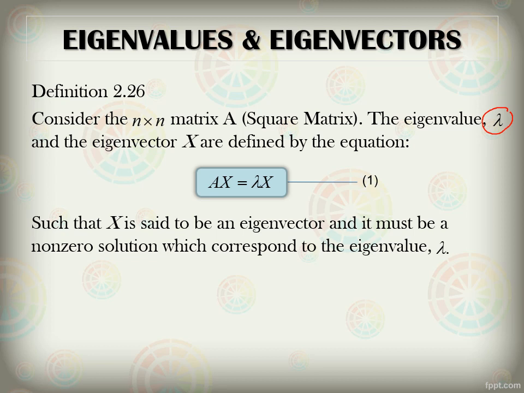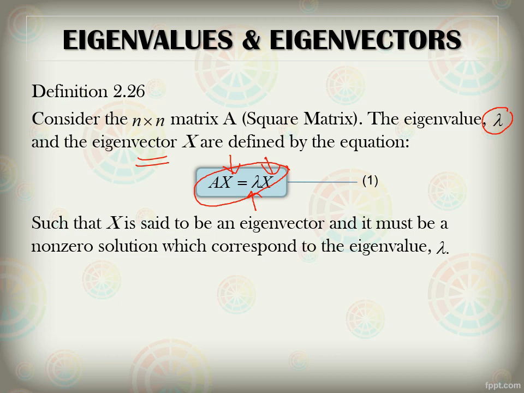Okay, so eigenvalues and eigenvectors, we define it by using this equation, where this x here is the eigenvector, and we have a lambda here. This is your eigenvalue, corresponding to your linear equation.